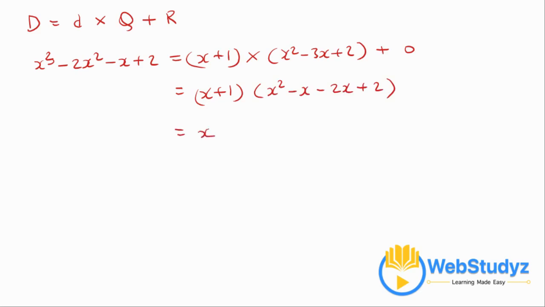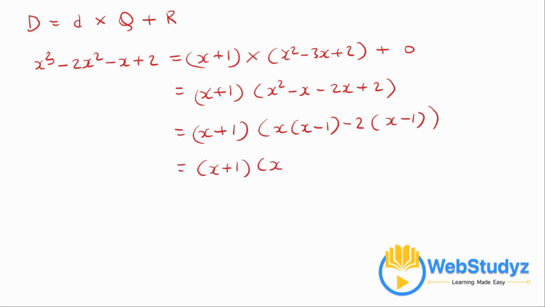From this we get x plus 1 into, taking x common, x minus 1, minus 2 common, we get x minus 1 inside. Now from here we get the factors as x plus 1, x minus 2 and x minus 1.